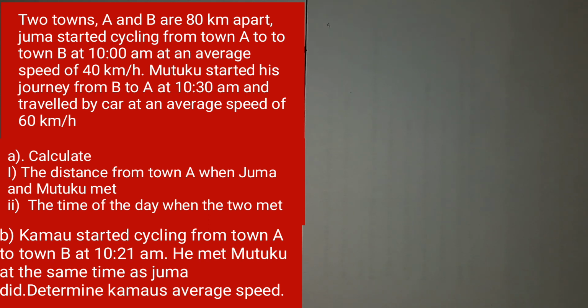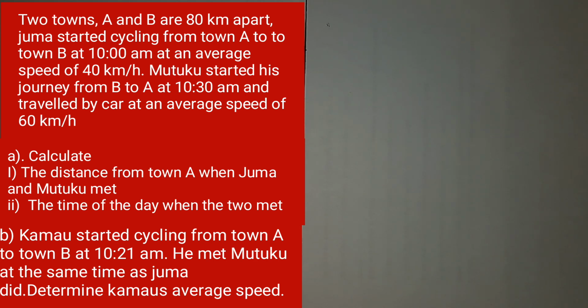Mutuko started his journey from B to A at 10:30 a.m. and traveled by a car at an average speed of 60 km per hour. Part A, calculate number 1, the distance from town A when Juma and Mutuko met.